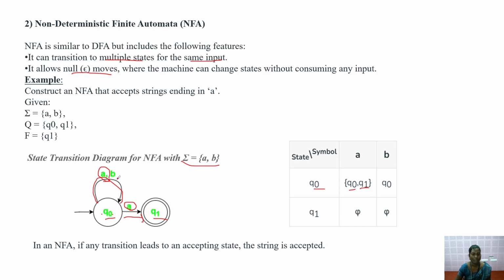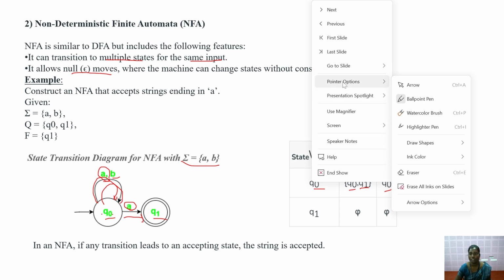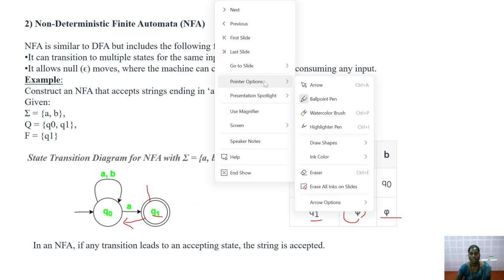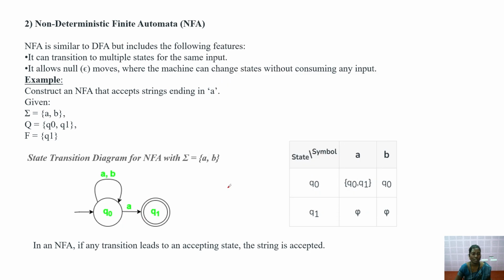Next, coming to input symbol B, here on input symbol B it reaches the Q0 state. So Q0 has been written here. So this is how the transition is followed. And coming to the Q1 state, there is no transition. So it allows null moves, null. So this is how a non-deterministic finite automaton functions.